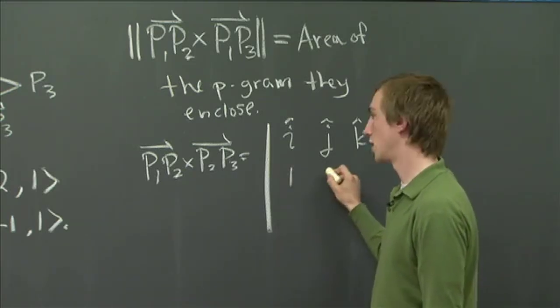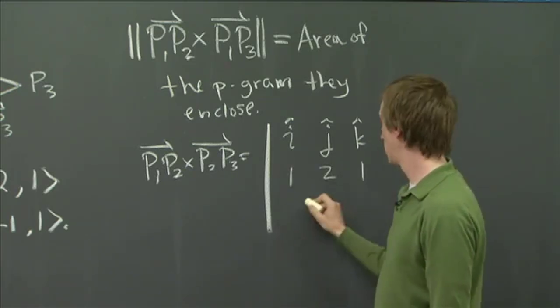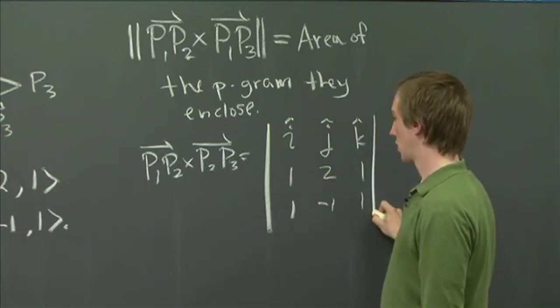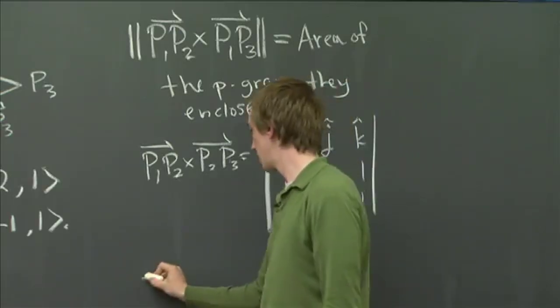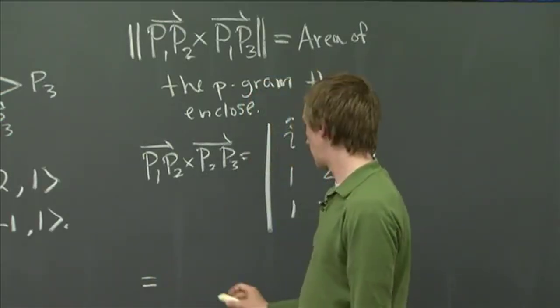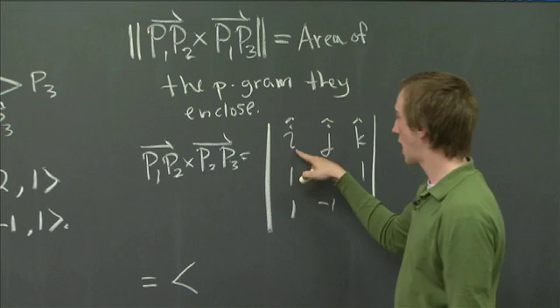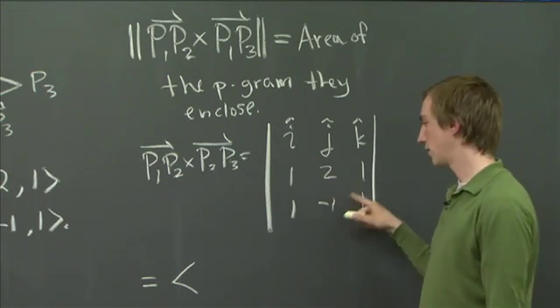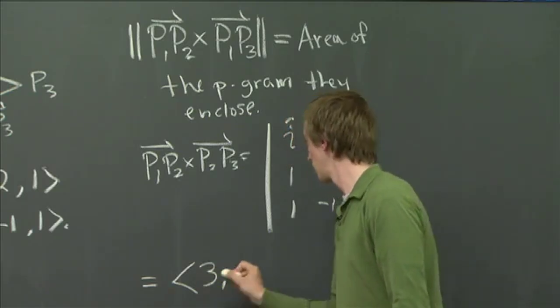So we do 1, 2, 1, and 1, minus 1, 1. Okay, and so we can compute this, and for the i component, we get 2 minus a negative 1, so we get 3.